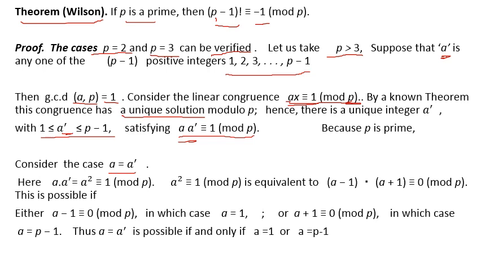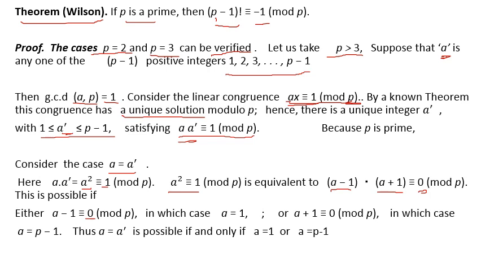In that case, you get A squared is congruent to 1 modulo p, which means A squared minus 1 is congruent to 0 modulo p. A squared minus 1 can be written as (A minus 1) into (A plus 1) congruent to 0 modulo p. The product of two numbers is 0 modulo p. This is possible if the number is either 0 or p.